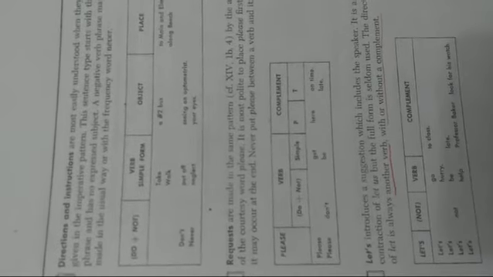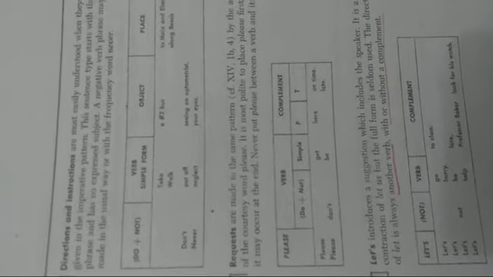And when we want to make it negative, we either express it with the use of don't, as in the following example: don't put off seeing an optometrist, or with the use of never, as for instance, never neglect your eyes. Okay, this is as far as directions and instructions.